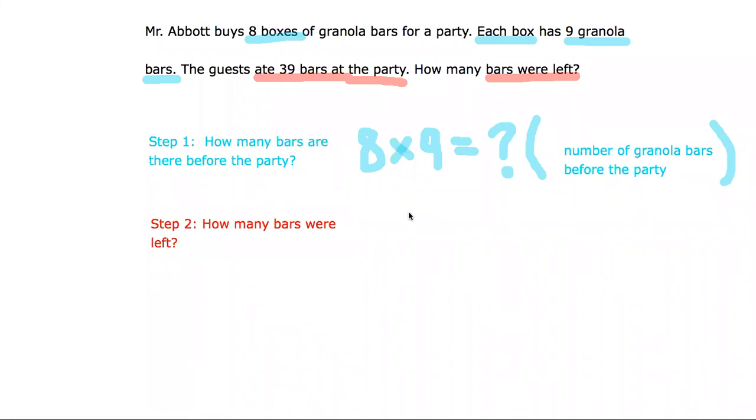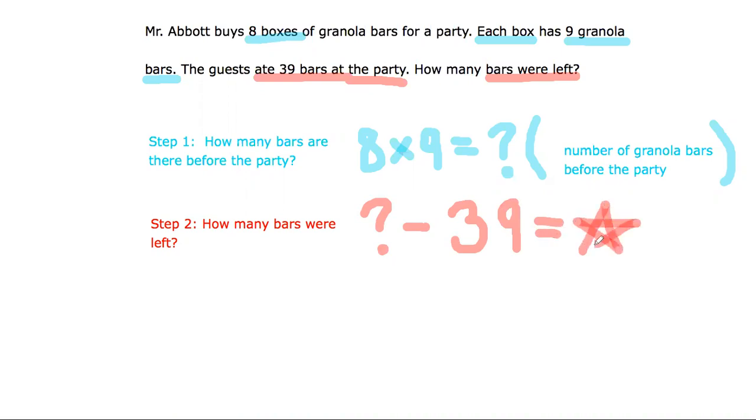So I'm gonna put a question mark, which represents the number of granola bars before the party, minus 39 bars that were eaten, and that will give me the number of bars that were left.